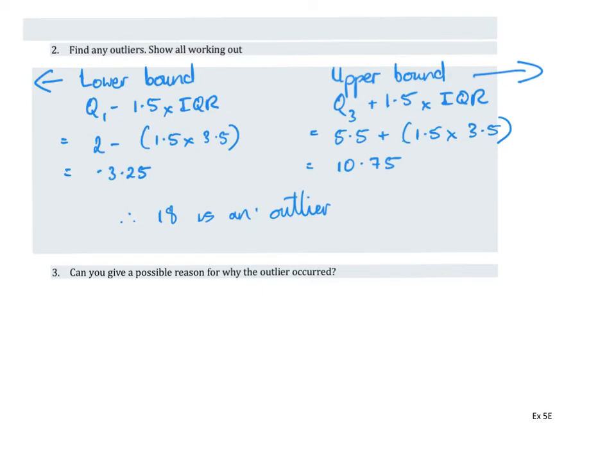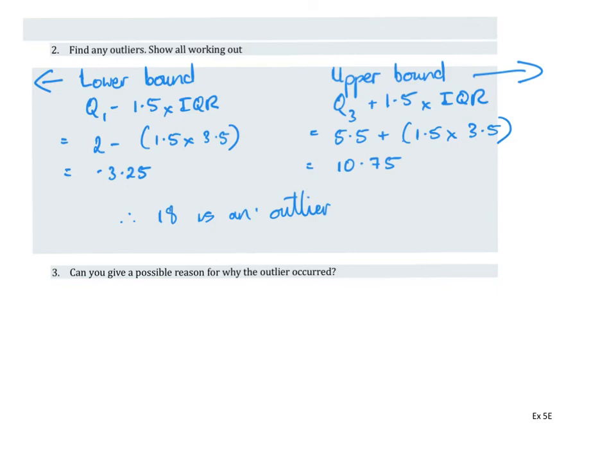It is 18. Now the last question is not particularly mathematical, it's just getting you to think about what the information is telling you, or come up with perhaps some suggestions as to why you got an outlier. Now remember, the outlier is saying that there were 18 geese spotted that day, and that was not really the norm. So why do you think that 18 geese might have been spotted? Well, you could come up with a multitude of reasons.